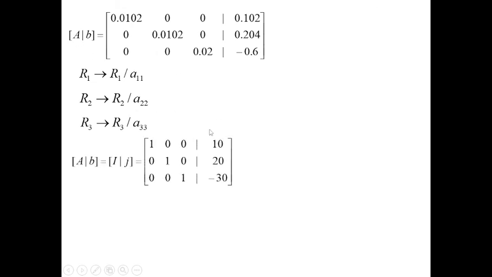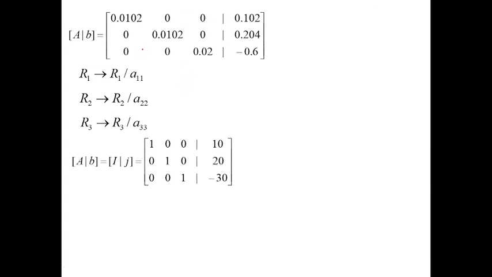Likewise, we divide all elements in row 2 by A22. Then in row 3, we divide all elements by A33. That is the procedure to make A an identity matrix. So this is what will come out.